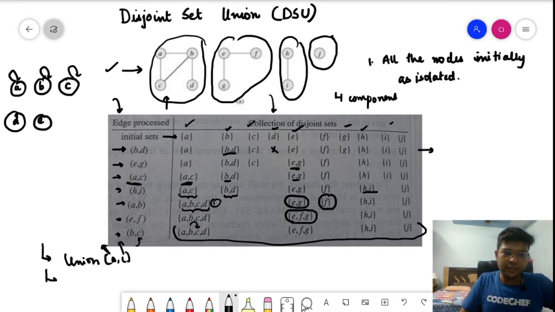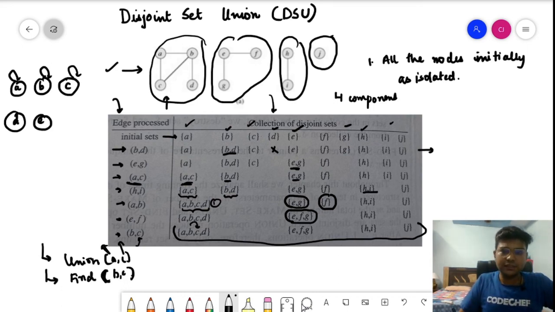The second thing is we need to find, for any nodes like B comma C or E comma J, whether they are in the same component or in different components. That also we can find using this. This is quite simple.